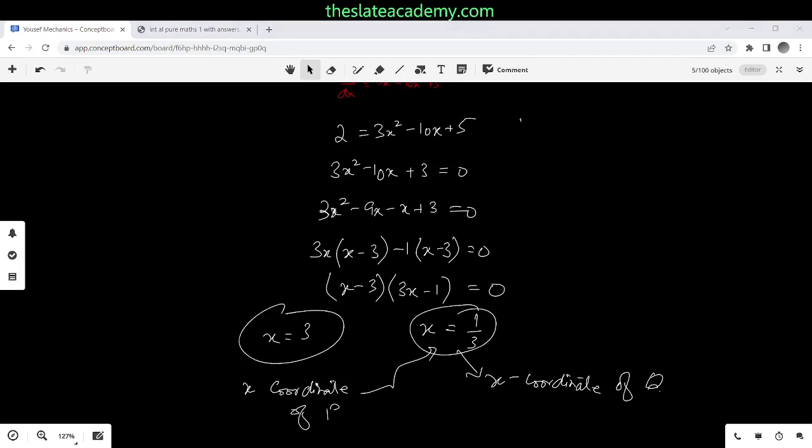So the x coordinate of Q is 1 by 3, because we already know that P is equal to 3. So we can already say that at both P and Q the gradient is 2. So if I put it equal to 2 and then solve for x, this would give me two values. One of the values is the x coordinate at P, the other value must be the x coordinate at Q.